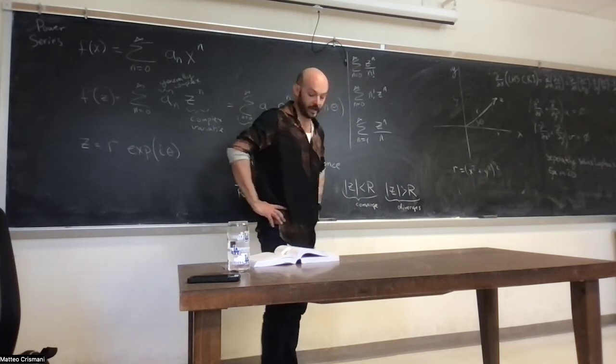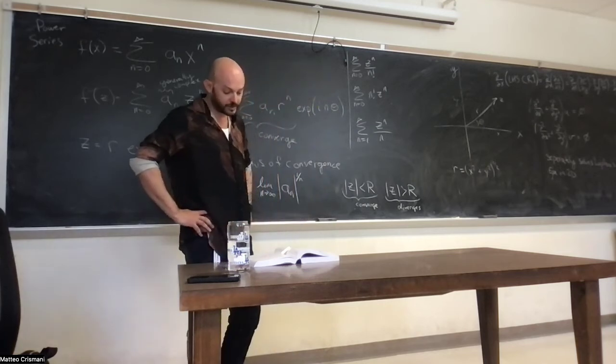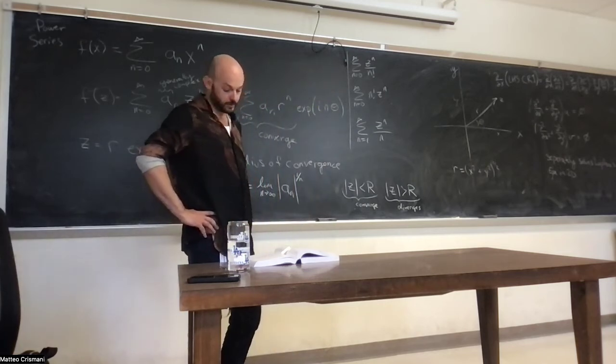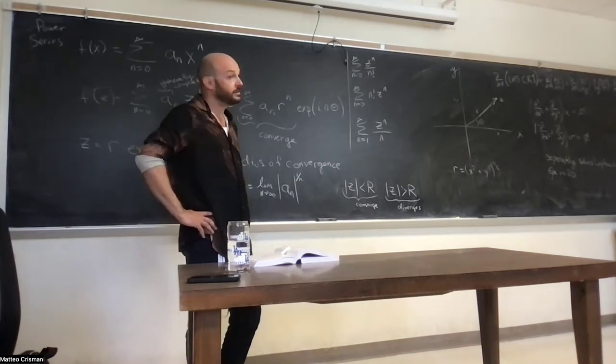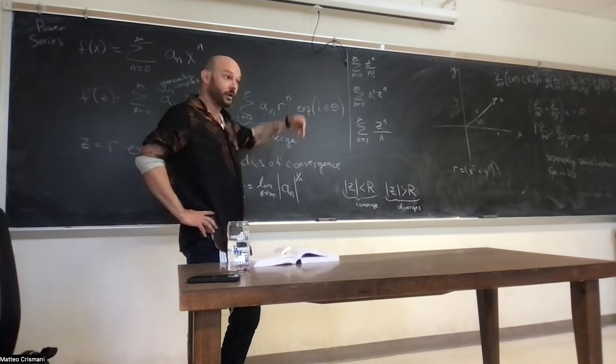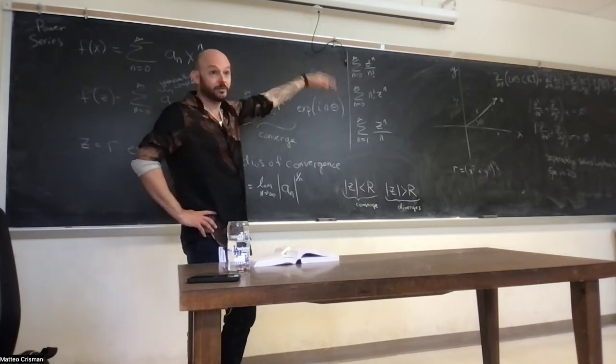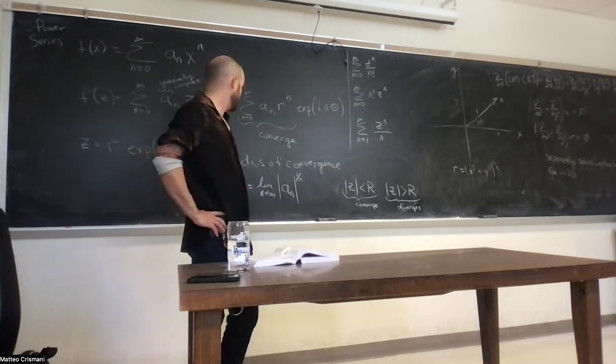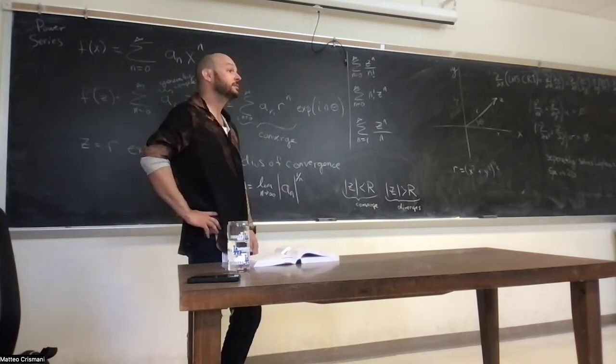So let's think about that more closely. What is the limit of n factorial as n goes to infinity? And the 1 over n you can basically ignore. This thing's going off to infinity and it doesn't even care. So what's the radius of convergence?